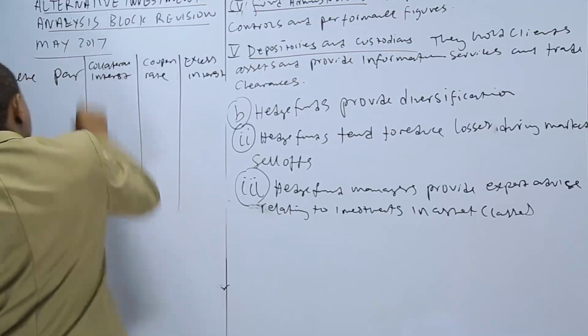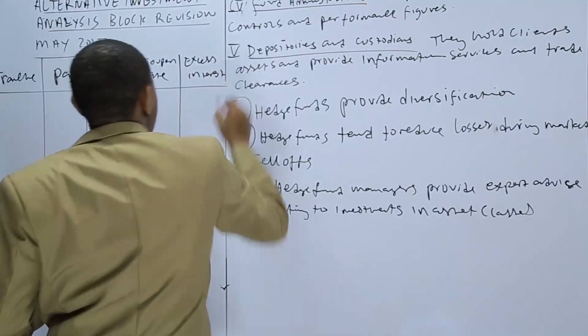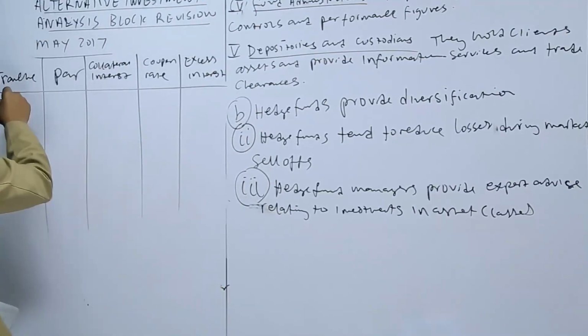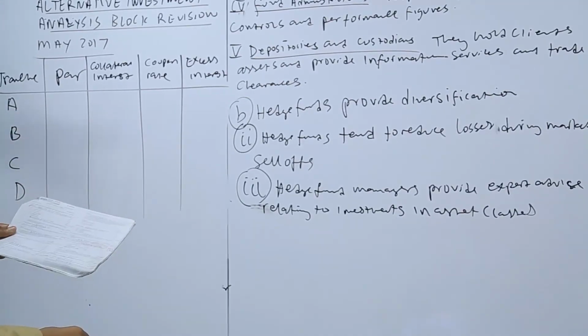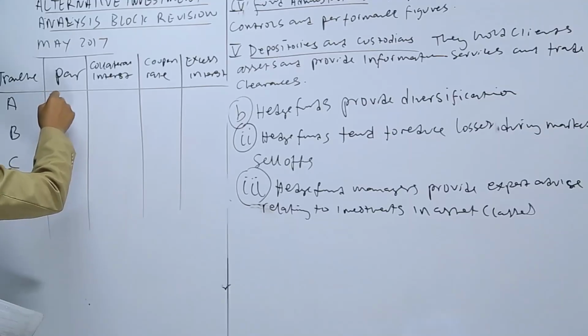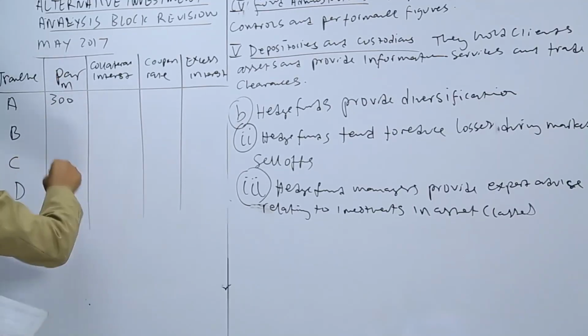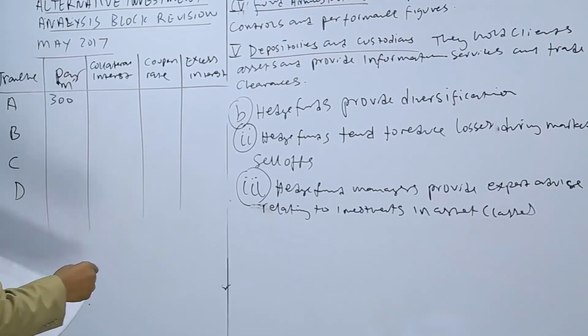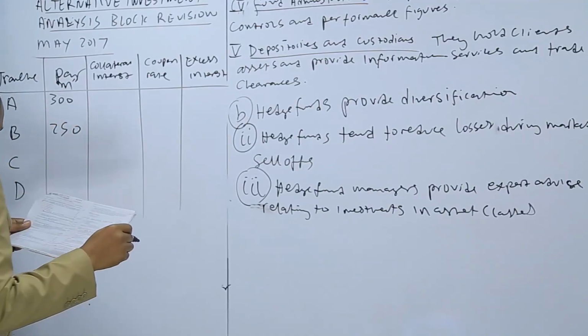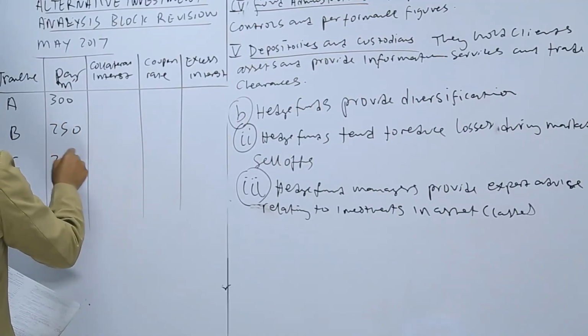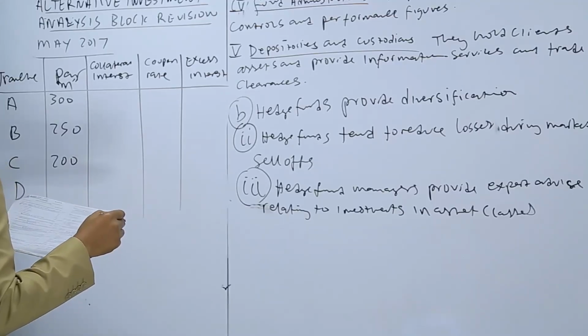So tranche, we have A, B, C, and D like that. The par amount is 300, this is in millions. So it's 300 million. This is 250, if I'm not wrong. We have 200 and 250.